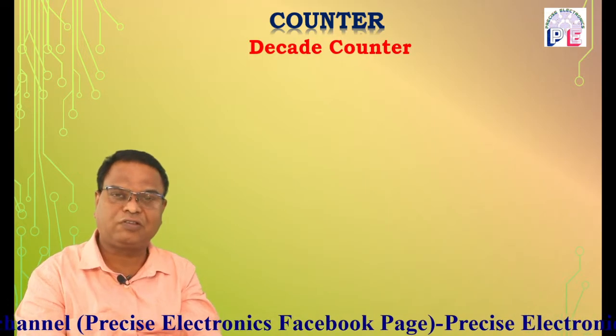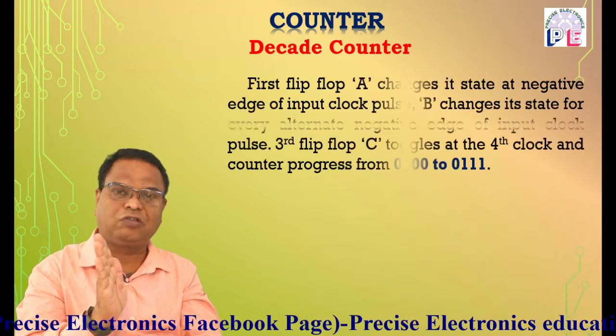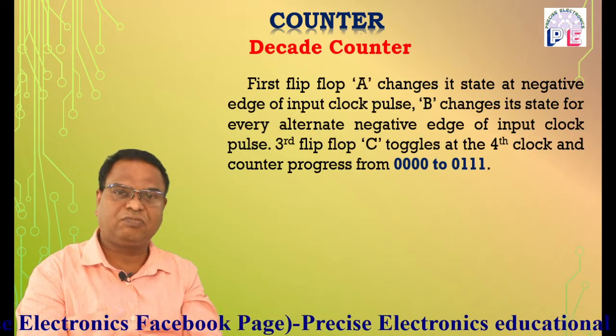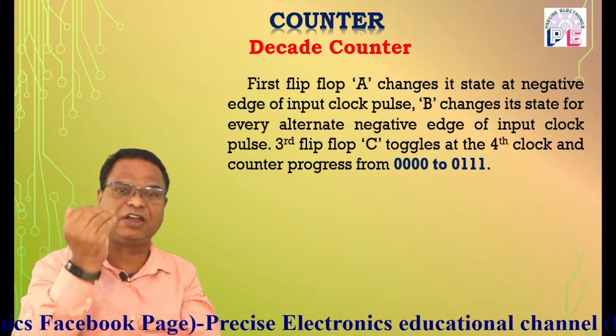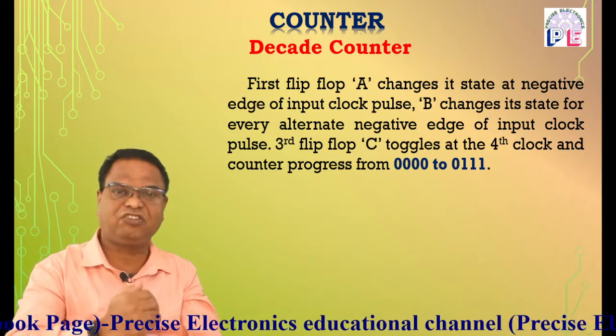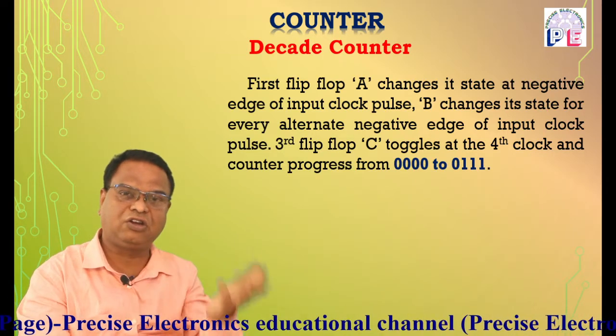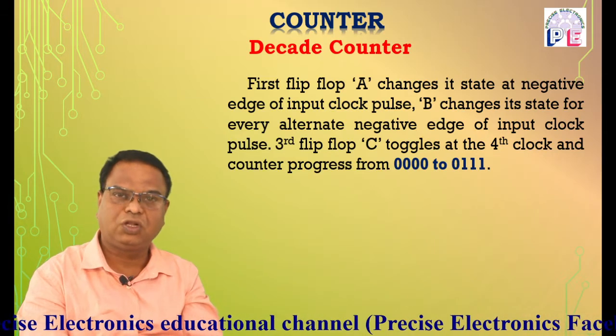With every clock pulse, at the negative edge of the input clock pulse, the first flip-flop toggles. At the first edge, the first flip-flop changes state from 0 to 1. At the negative edge of the second clock pulse, A changes from 1 to 0. At the third pulse, A changes from 0 to 1, and so on.